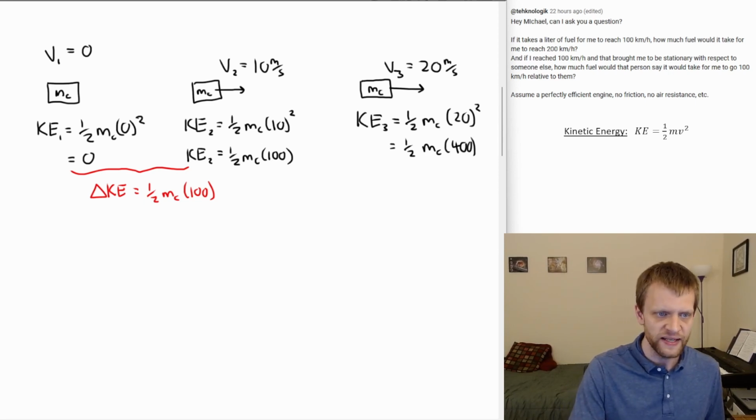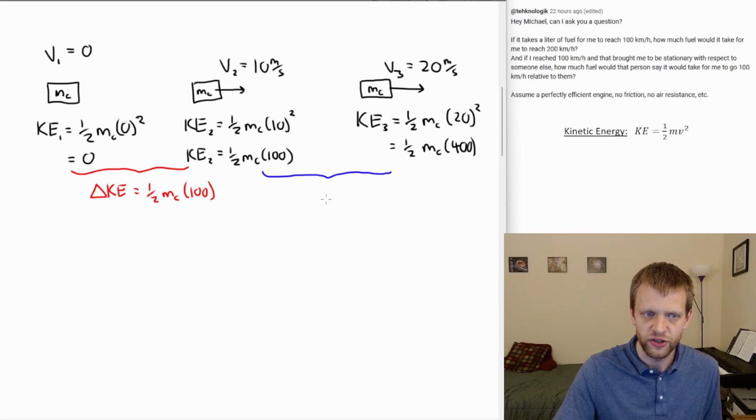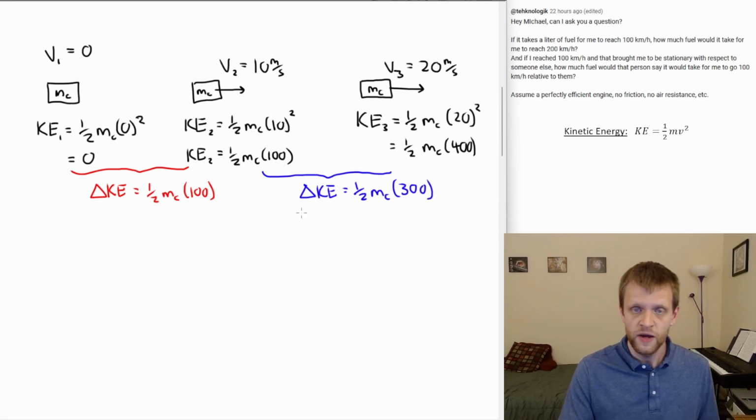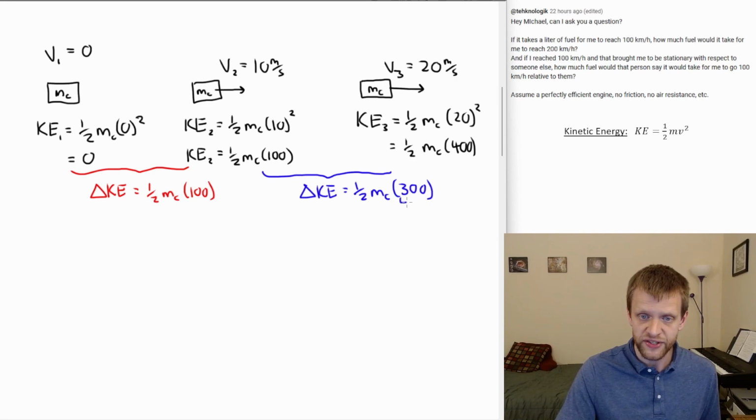And if I look at this second part of the transition, during that change, the amount of energy that I need to add is 1/2 times mc times 300. It's the difference between those. So if I've got 400 that I end up with, but I started with 100 here, that difference is going to be 300. Okay? So in this, it seems that we need 3 times the energy of our original situation.